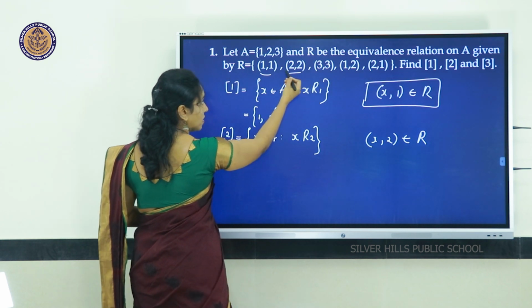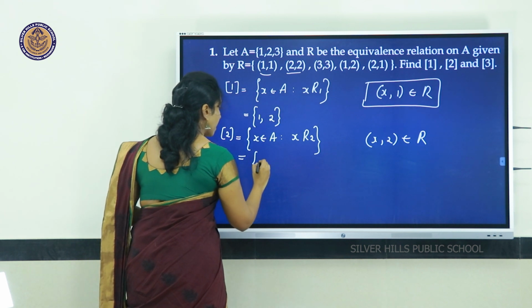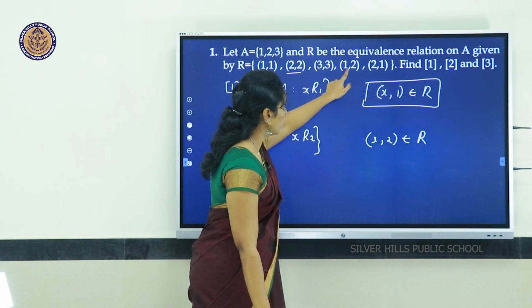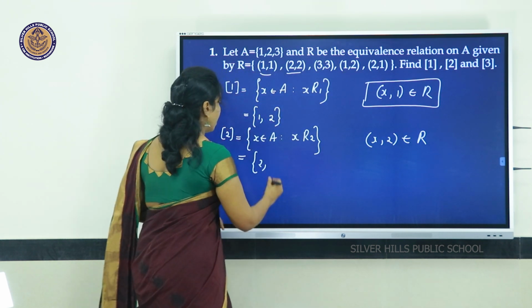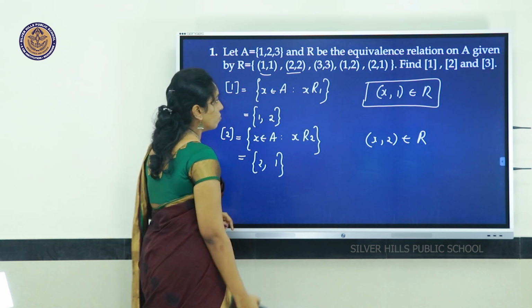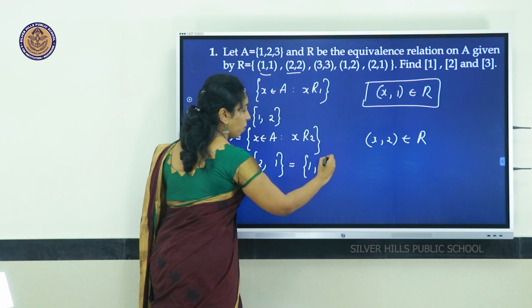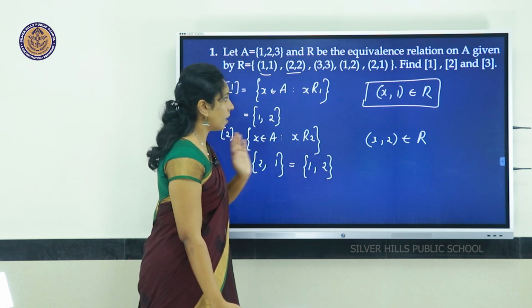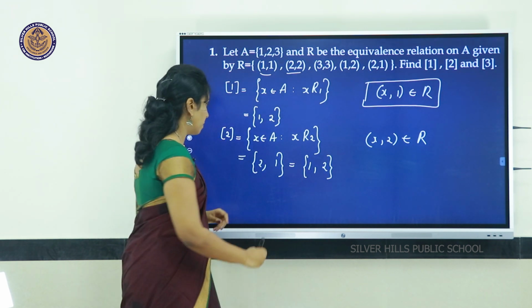So, what is the x just coming before 2? It is 2. So, I got 1 x. Then here I have (1,2). So, the member that is coming just before 2 is 1. So, the set {2, 1}. Now, the set {2, 1} is the same as the set {1, 2} because in roster form order is not so important. So, equivalence class [2] is also ready and we need to find equivalence class [3].